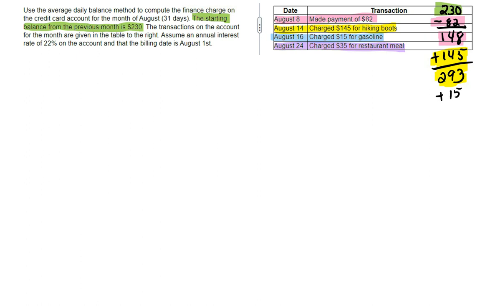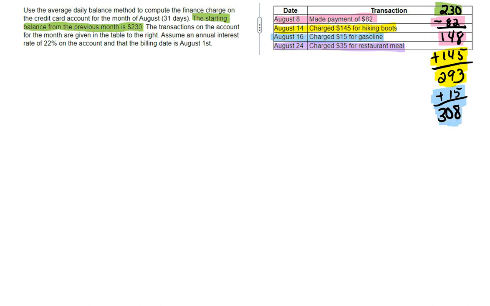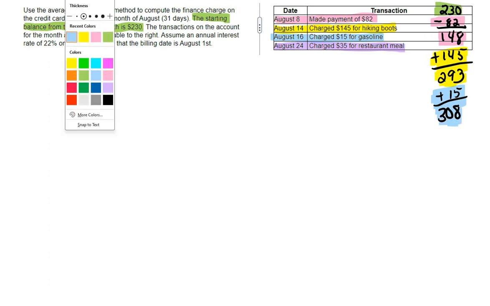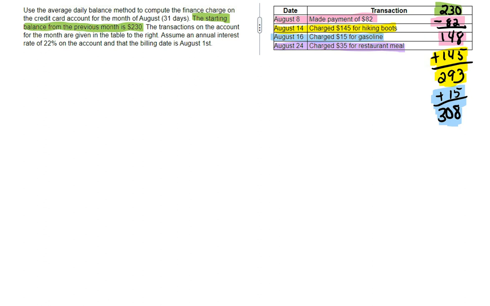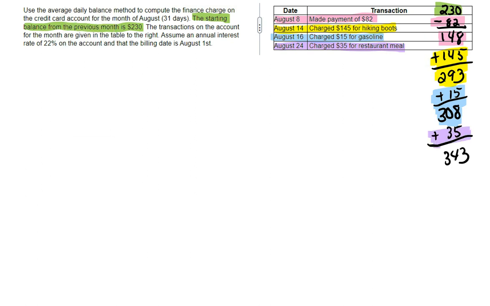So it's going to go up by $15, and that's going to take me to $308. And that's my light blue work. And then the purple one on August 21st, you made another charge, so it's going to go up again by another $35, and that'll bring you to $343 for the ending in the purple.